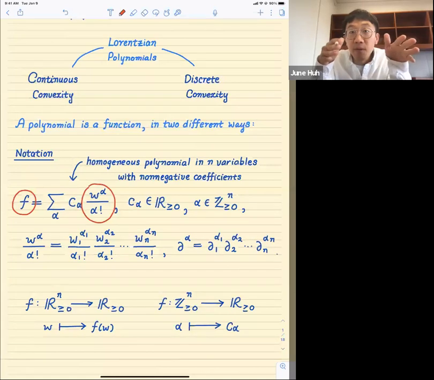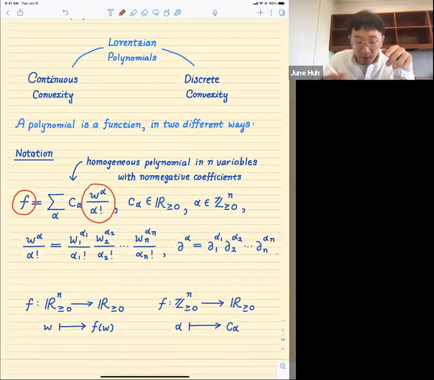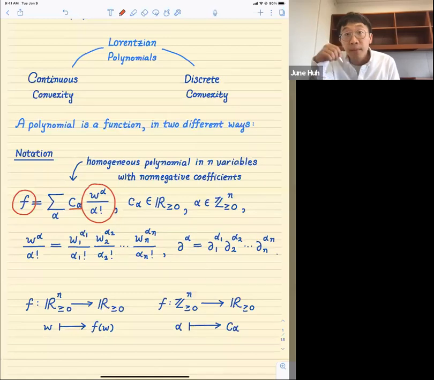When I refer to the coefficients c alpha of f, I'm referring to the numbers in front of the monomial w alpha divided by alpha factorial. Here c alpha will always be a real number, in my setup a non-negative real number, and alpha will be a vector of exponents decorating the monomials.